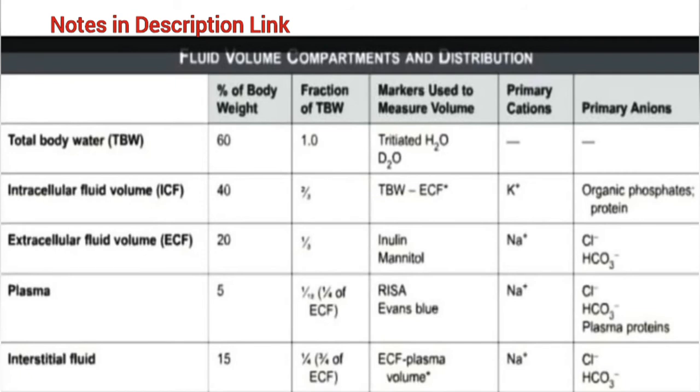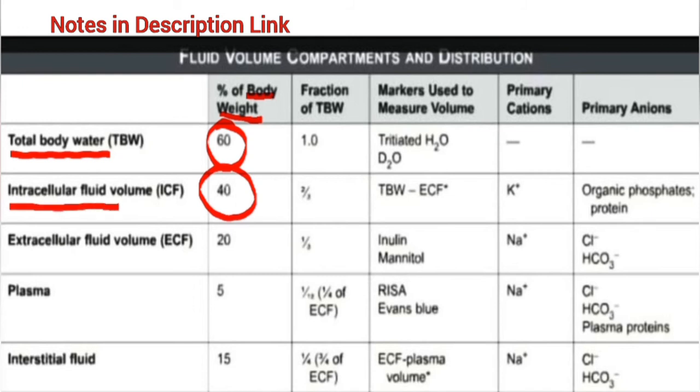This table summarizes everything we discussed just now. The total body water is 60% of the total human body weight, and in this 60%, 40% is the intracellular fluid, that is two-thirds of the total body water, and the extracellular fluid is 20%, that is one third of the total body water.